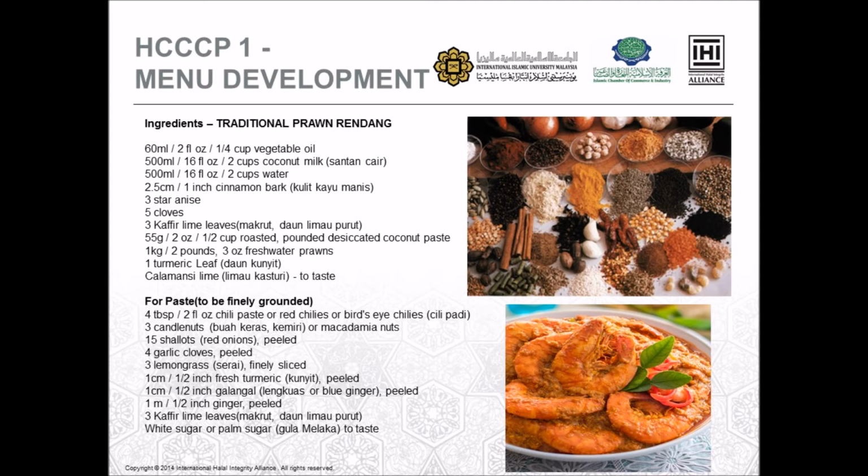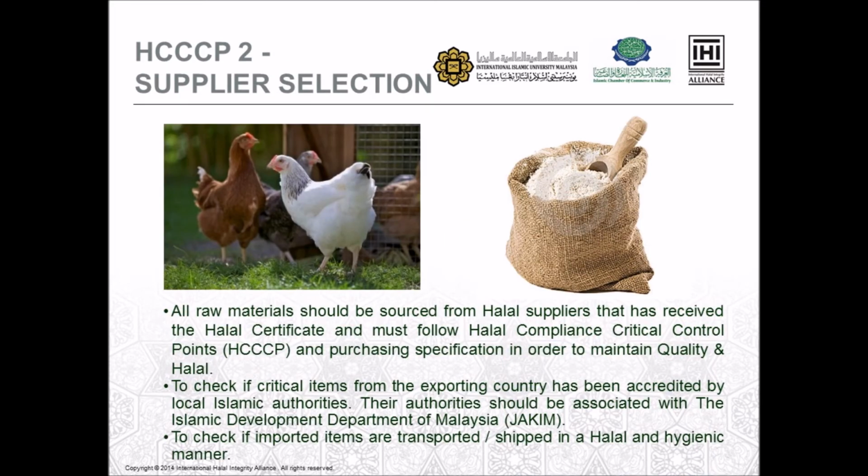This is menu engineering, menu development, the recipes. Selection of raw materials should be sourced from a halal supplier, and check if the critical item from the exporting country has been accredited by the Islamic authority or not.